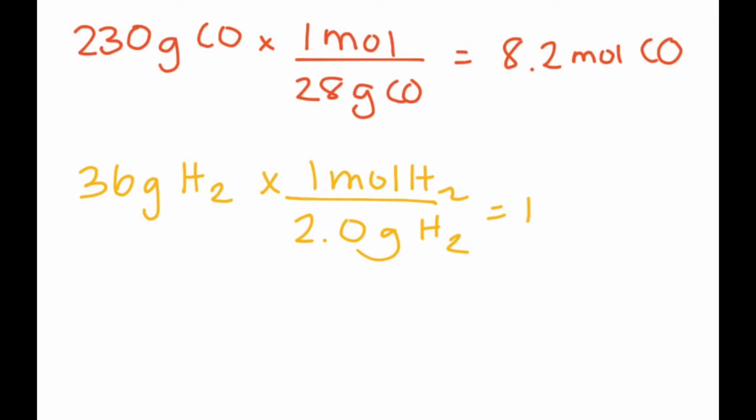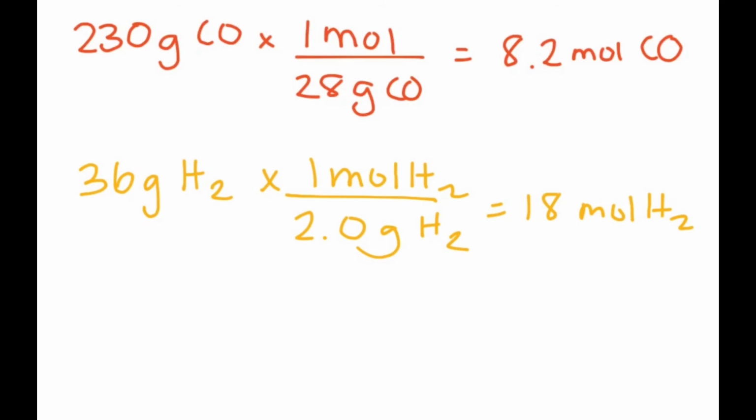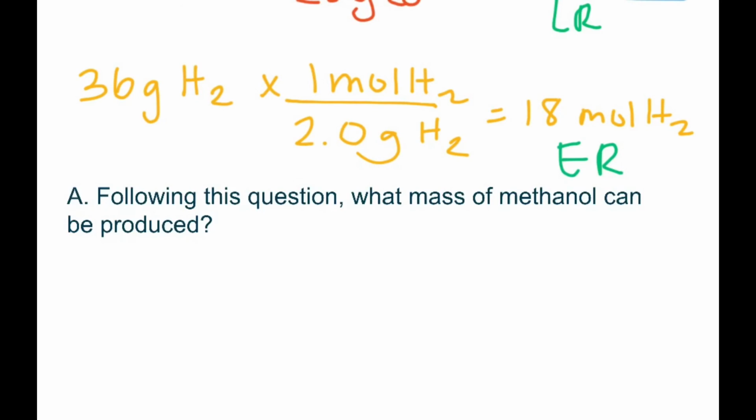This gives you 18 moles of hydrogen gas. So as we said before, the limiting reactant is the one that has the least amount. So in this case, it would be the CO, since it is less than H2, and H2 would be the excess reactant.